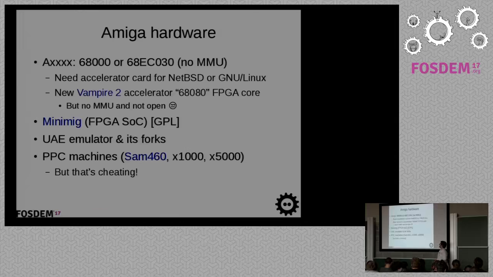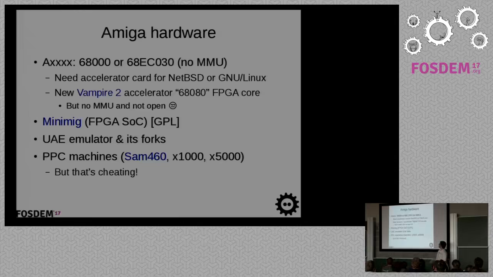So, the Amiga usually had a cheaper version of the CPUs, so you had to add an accelerator card to get an MMU and, well, GNU Linux or BSD. But there is still new hardware in the Amiga world as well. The new Vampire 2 accelerator, but it lacks an MMU. And FPU, right? There's a Minimig, which is also an FPGA emulation.